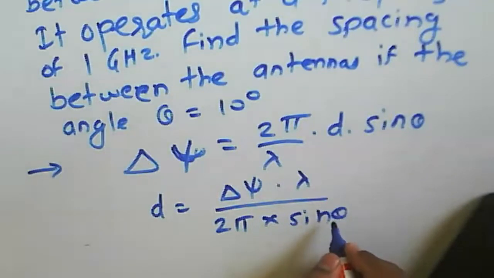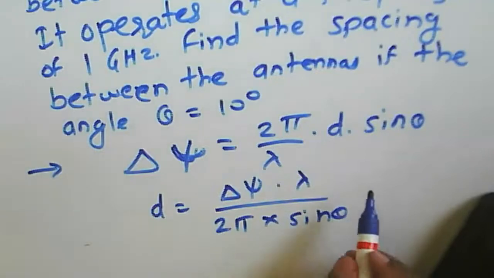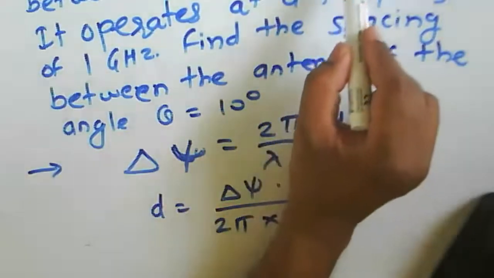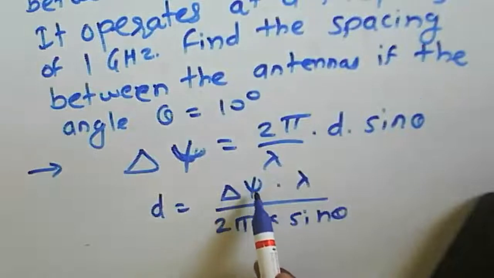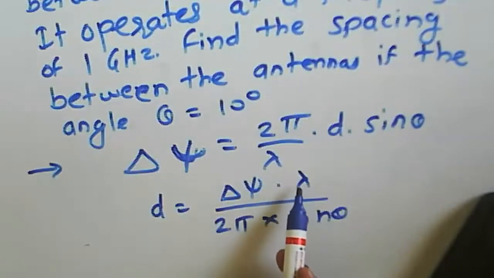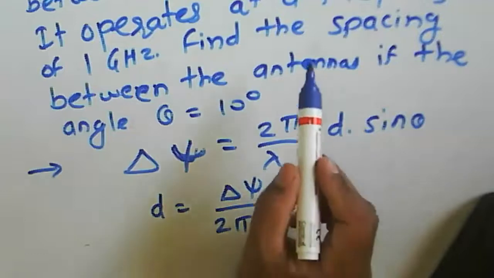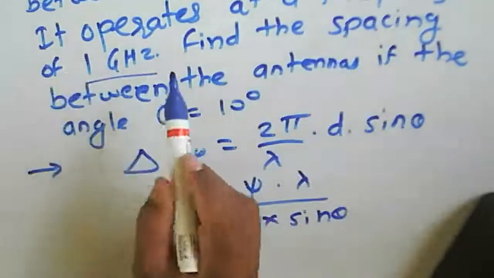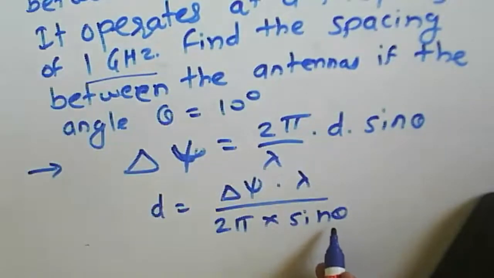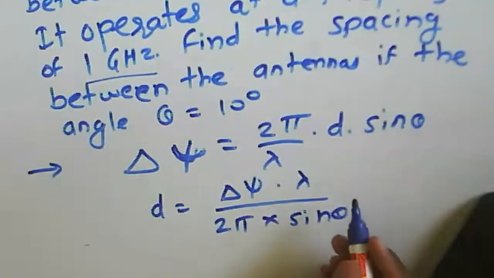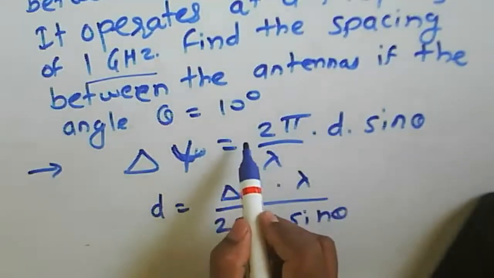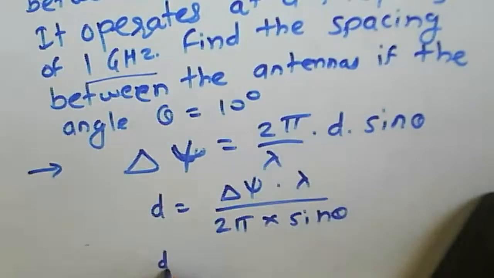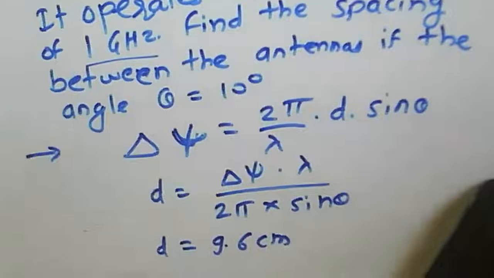Theta is 10 degrees and the phase difference is 20 degrees. Lambda is obtained from the operating frequency of 1 gigahertz. If you put these values in, we get d equal to 9.6 centimeters.